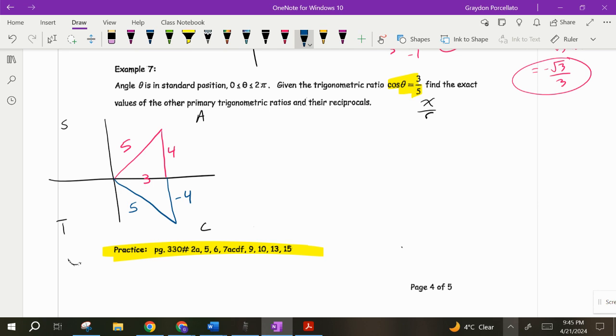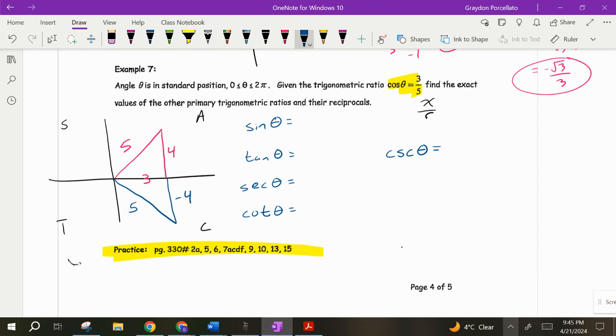So if I want to find all the exact values, I'm going to write them all out. I'm going to write out sine theta, tan theta, secant theta, cotangent theta, cosecant theta.